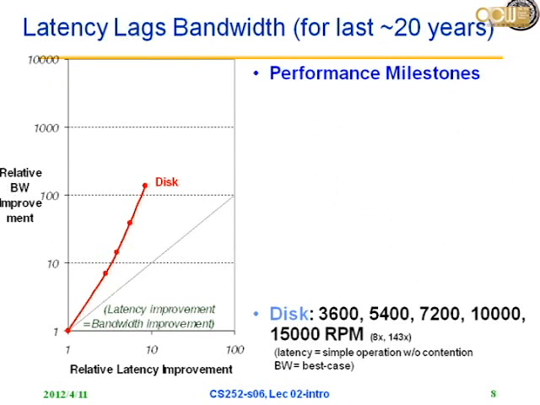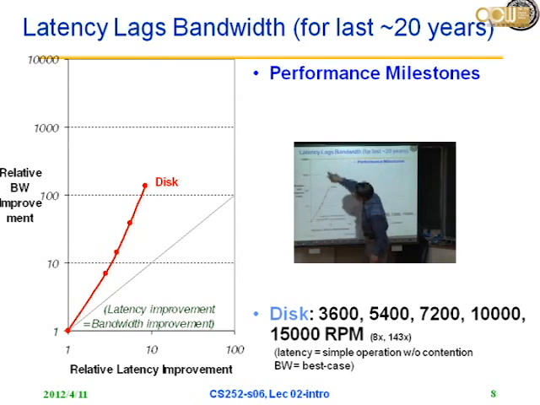If we draw a diagram for the disk, this is a relative latency improvement, only 8 times latency improvement. Yet the bandwidth improvement is 140 times.